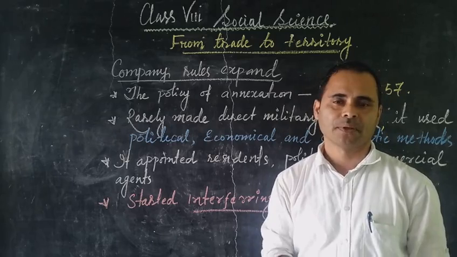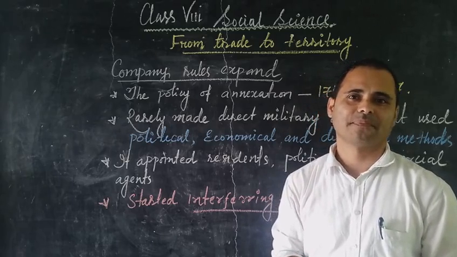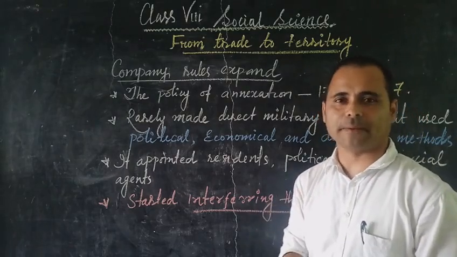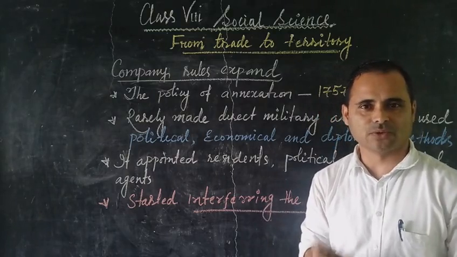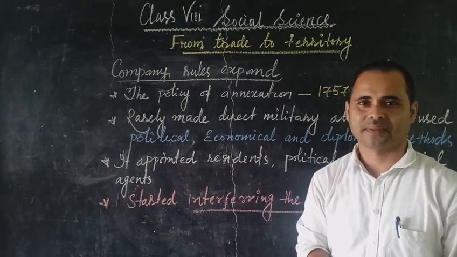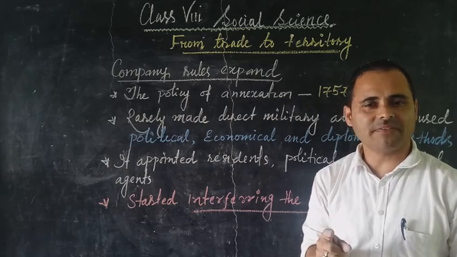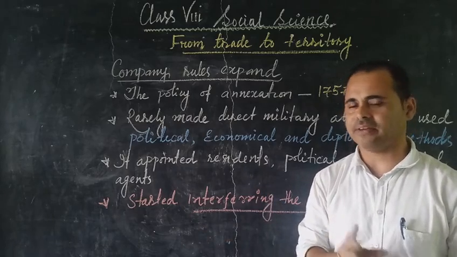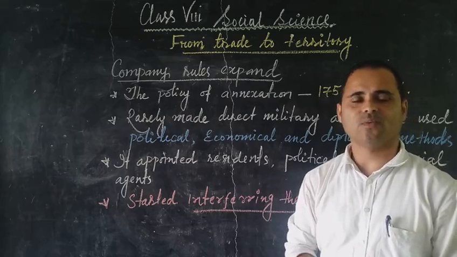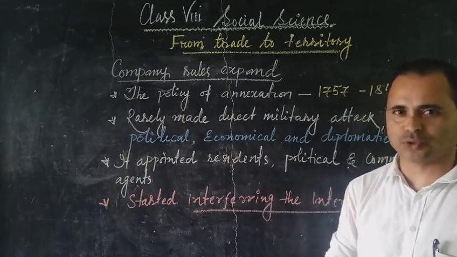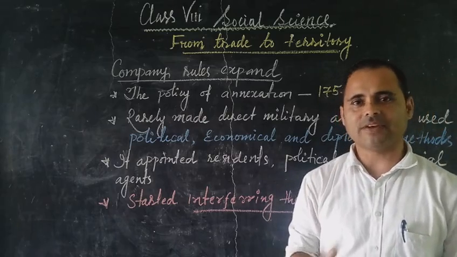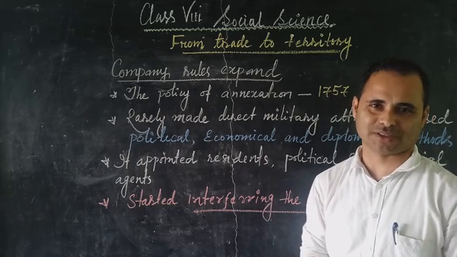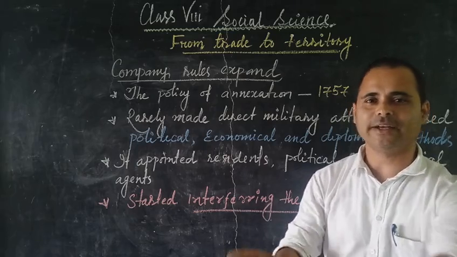According to this, princely rulers were not allowed to maintain a large army. It means the company will give military support to the princely state if they have any kind of threat. In return, what were these princely state nawabs or rulers expected to do? They were expected to pay some amount of tax to the Britishers. Two points you need to understand.